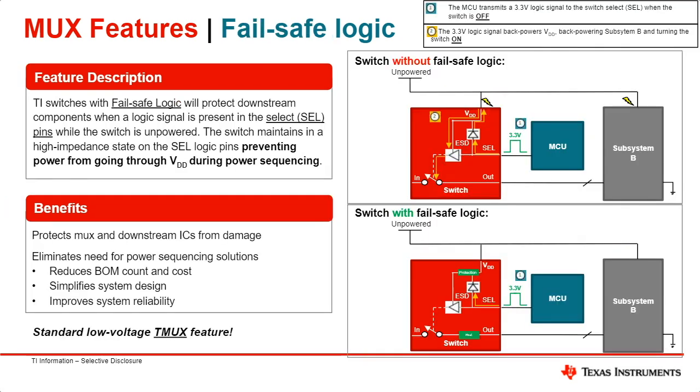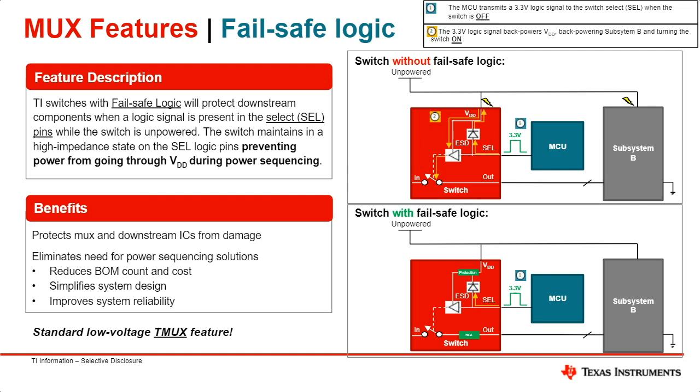Going to our second feature, fail-safe logic. This is a protection feature that our devices have. As you can see, this is a switch without fail-safe logic. The way it works, basically, is when the device is powered off, and there's a voltage signal on the logic pin, the select pin, while the device is off, it can cause some problems.